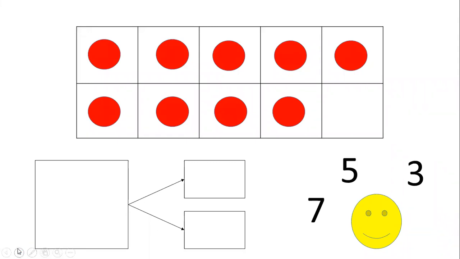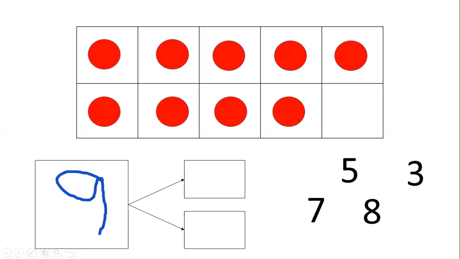Let's see how many of those chickens decide to go back to their coop. Ooh, 8 of them went back to their coop. So let's see, I wonder how many chickens were left in that grass. So 9 chickens pecking in the grass. 8 of them decided to go back to their coop.